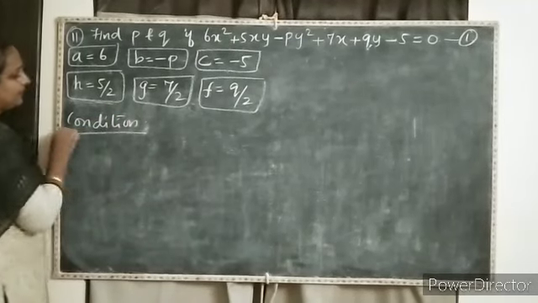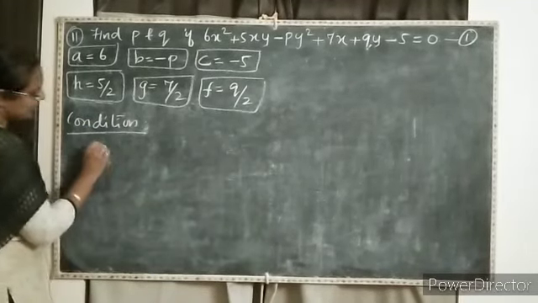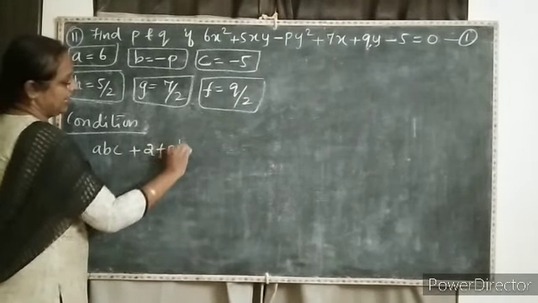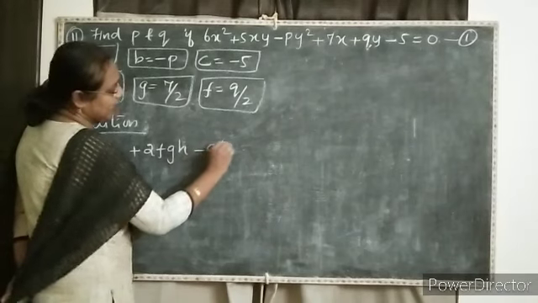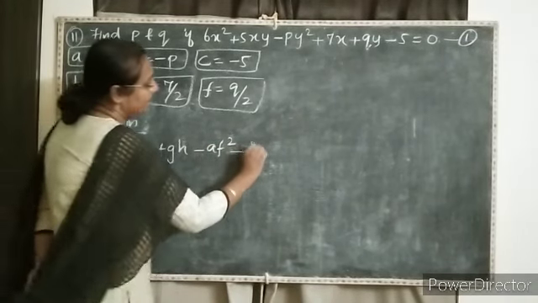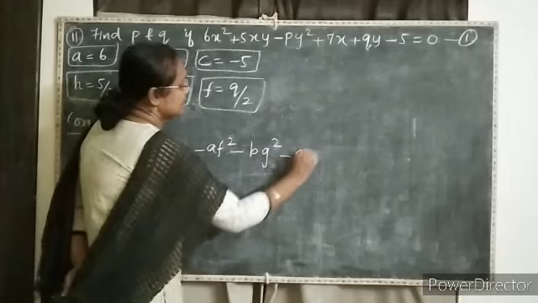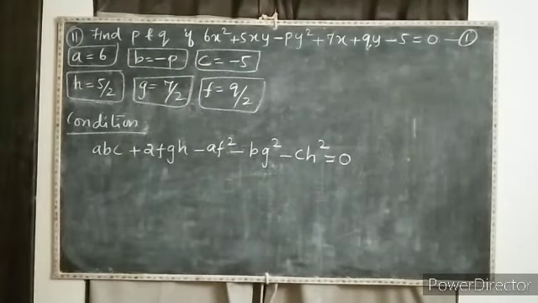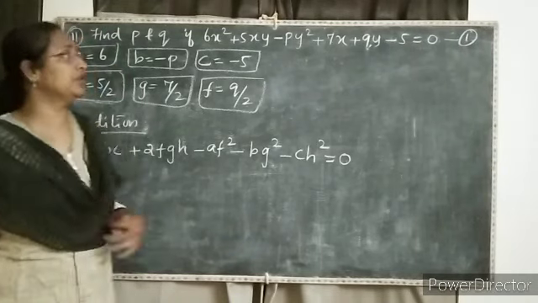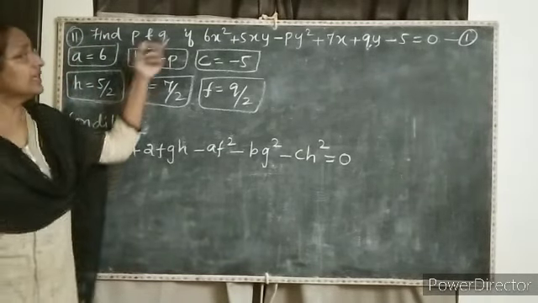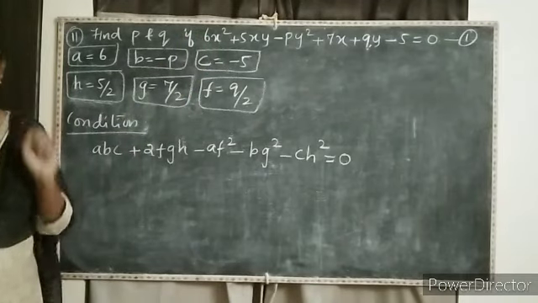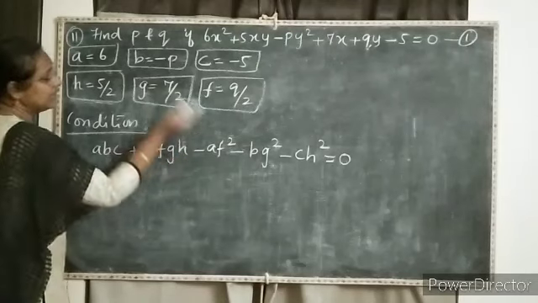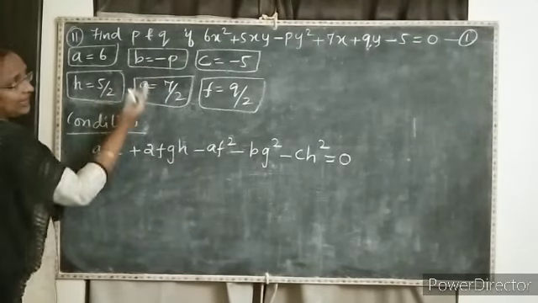It is abc plus 2fgh minus af squared minus bg squared minus ch squared is equal to 0. I can assume it is equal to 0 because already in the question it is given that the equation is a pair of perpendicular straight lines.